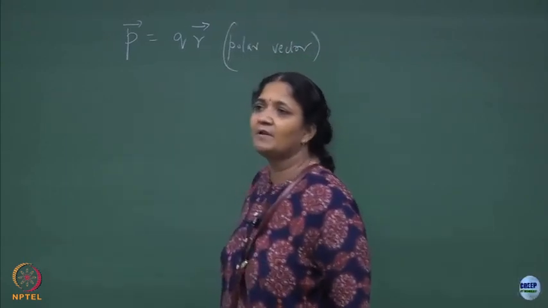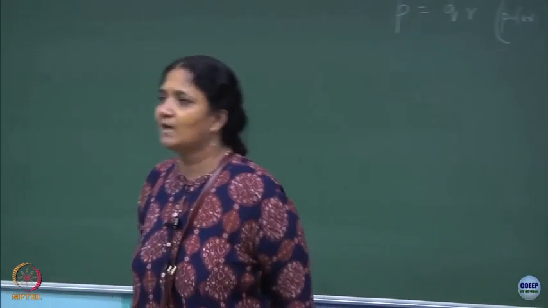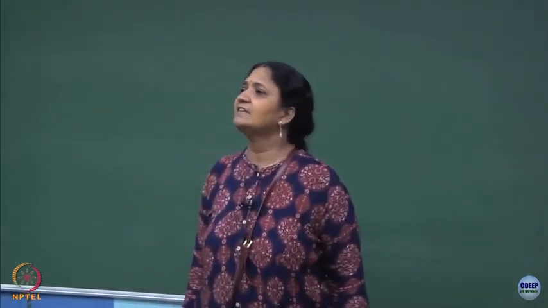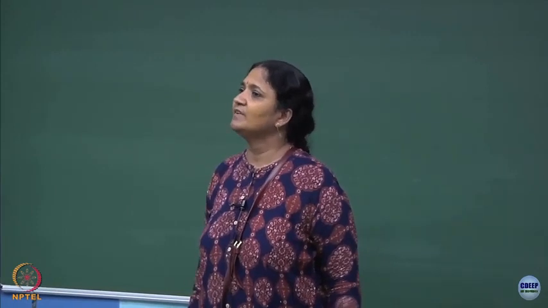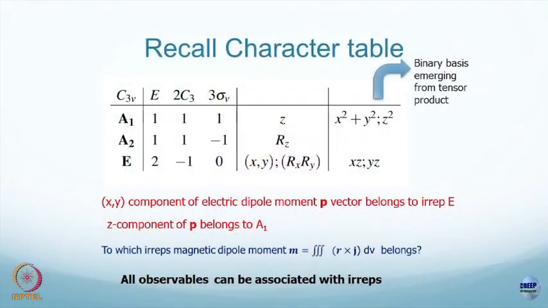So, this is one nice observable which comes into play whenever we put in some interaction, in the energy with this electric dipole moment into the picture, you do need them. So, these are observables, and then if I ask which irrep this observable belongs to, suppose I give you a system which has C3V symmetry, you can straight away say that the Pz observable belongs to the A1 irrep.